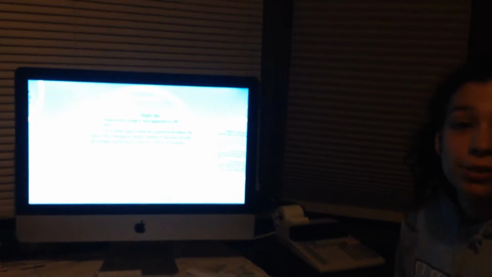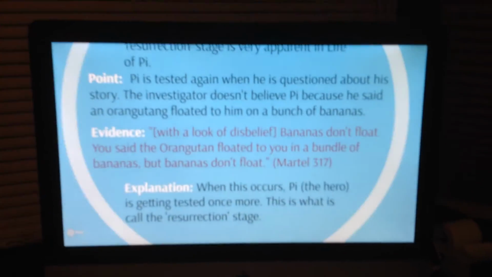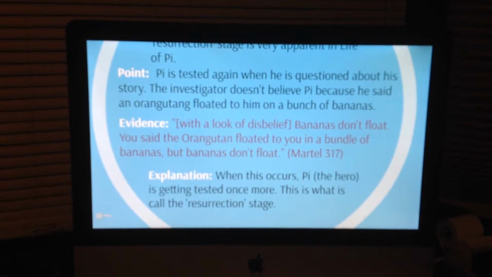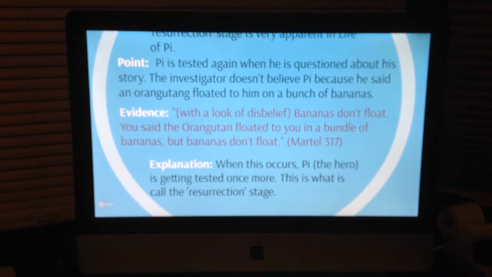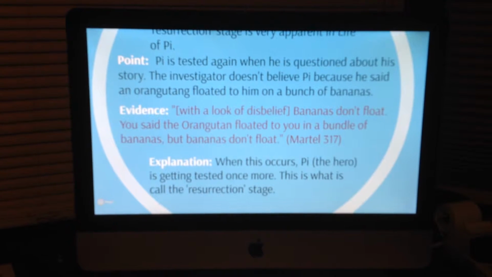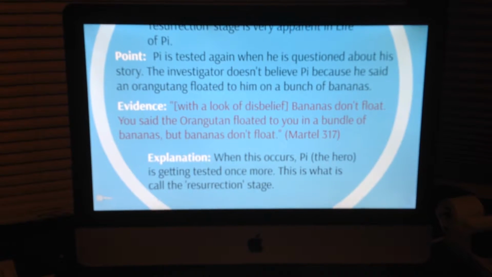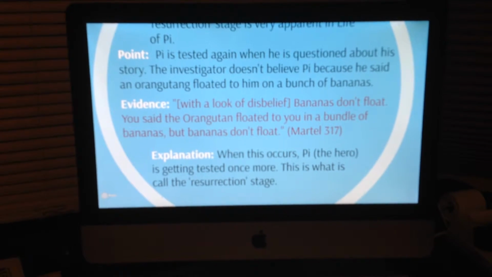Finally, the resurrection stage is very apparent in the life of Pi. Pi is tested again when he is questioned about his story. The investigator doesn't believe Pi because he said an orangutan floated to him on a bunch of bananas.